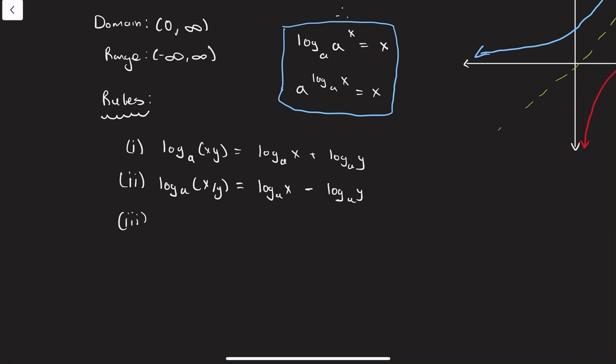Perfect. And last but not least, we have log base a of x raised to b. Well, this just happens to be b log a x. So these are some important rules of logarithms, and this b value, b is an element of all the real numbers. So let's look at an example quickly.